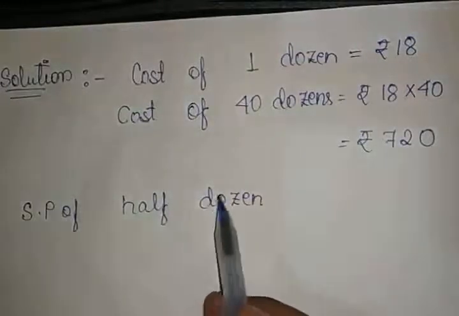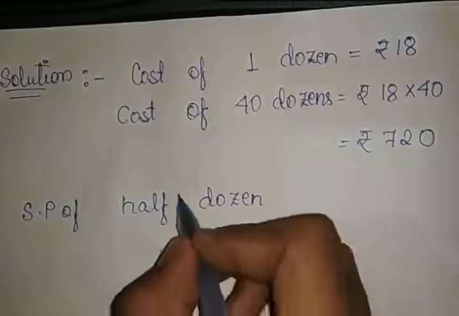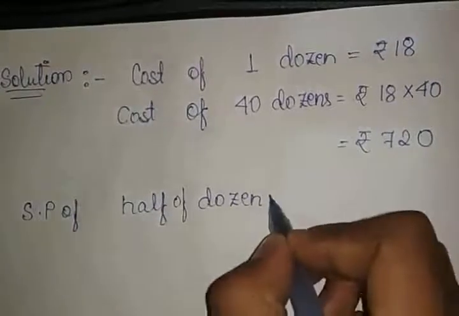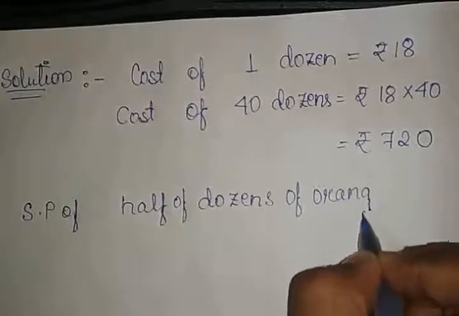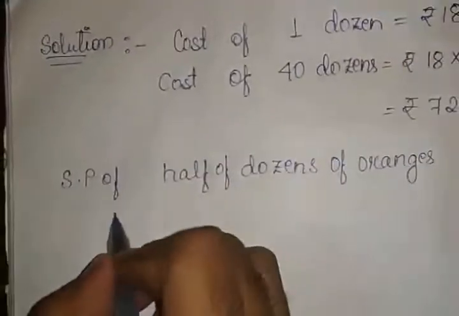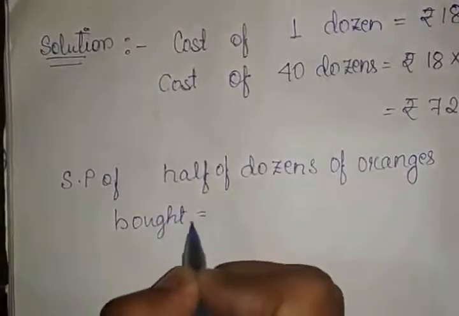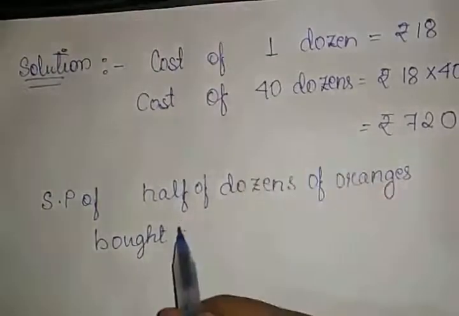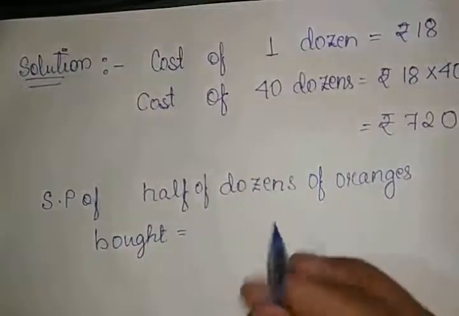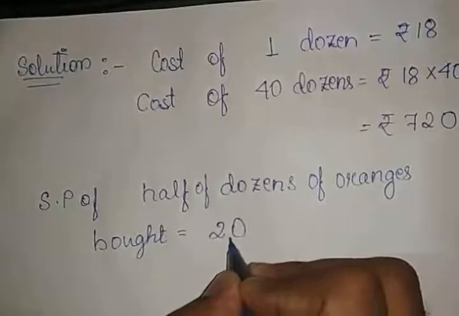Then half of the dozens, you can write it in this way: selling price of half of the dozens of oranges bought will be equal to, he has bought 40 dozens, then half means 20 dozens.